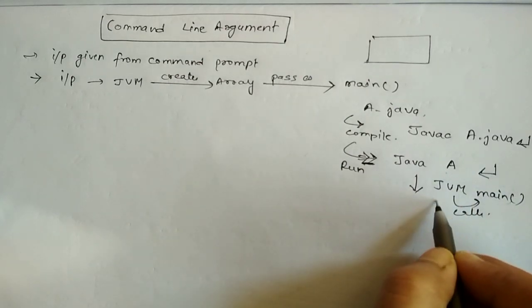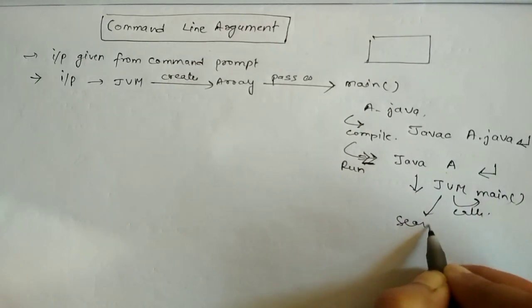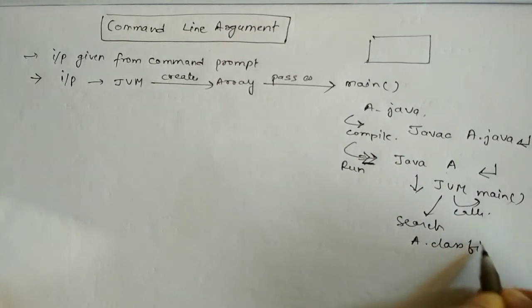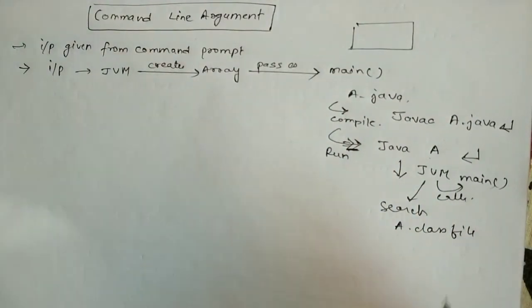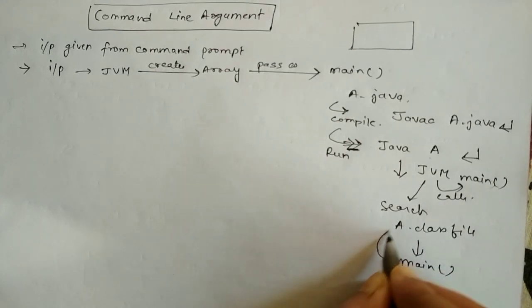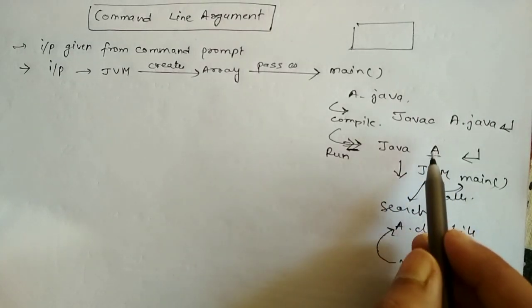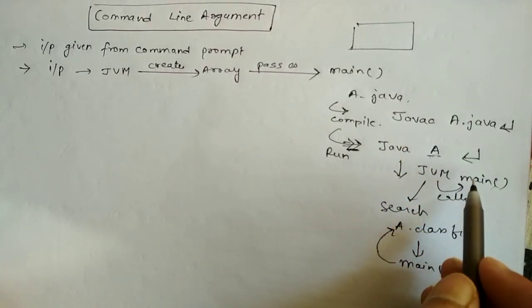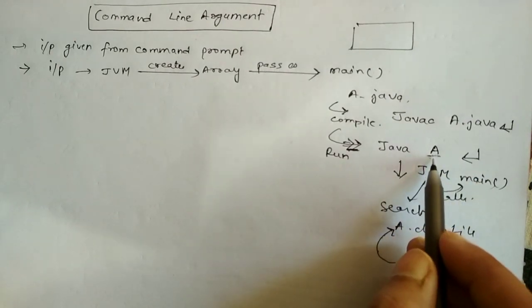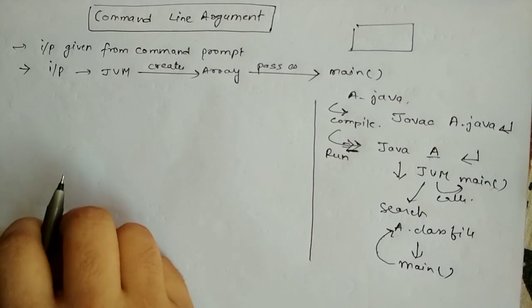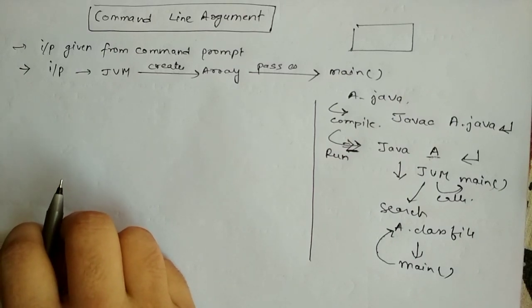It will search for the a.class file, and it will call the main method of that class file. Whatever we enter over here, it will call that class file and search for the main method in it. So this is the normal procedure we execute in normal programming.